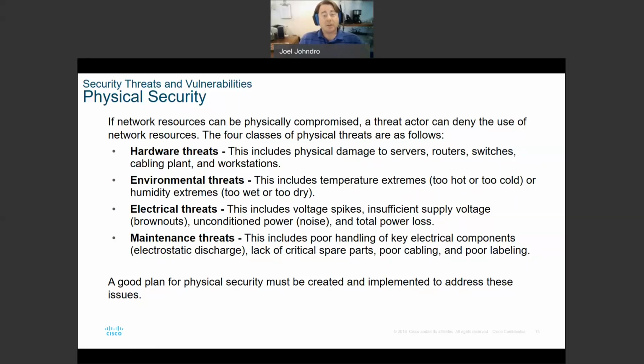They'll get piled under with desks, and they'll have other things stored on top of them. Those would be examples of maintenance threats, where the equipment is not properly being maintained, no one's making sure that there's proper airflow and that the vents aren't covered with dust and things like that.